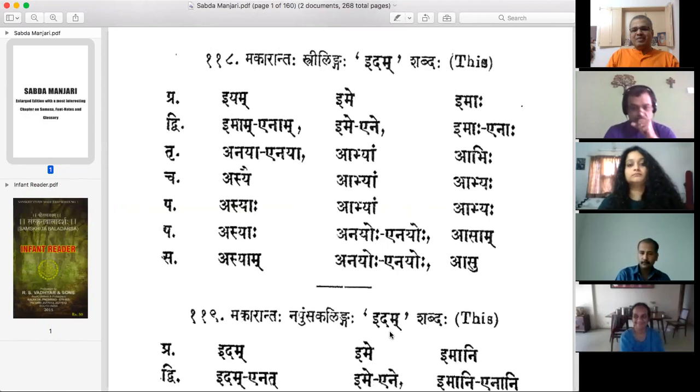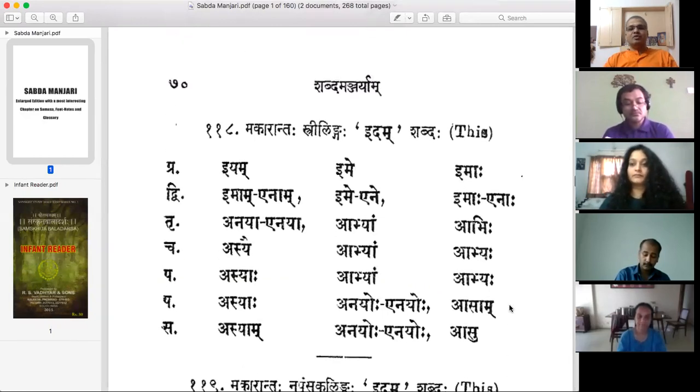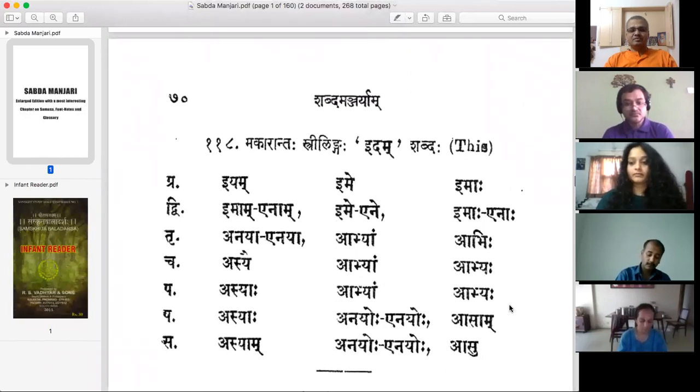So you include this along with the other list, even though it is not given there. But you include these pronouns also, they are very important. So that is why I am asking you to look into the Shabda Manjari.